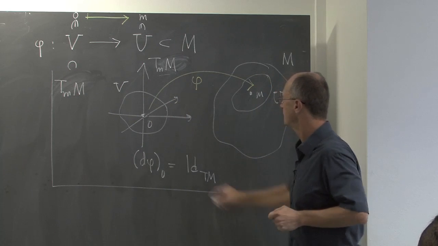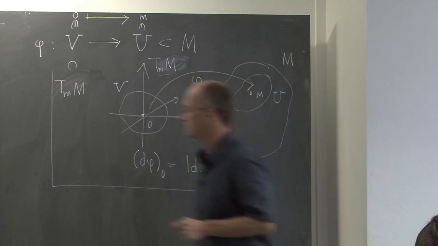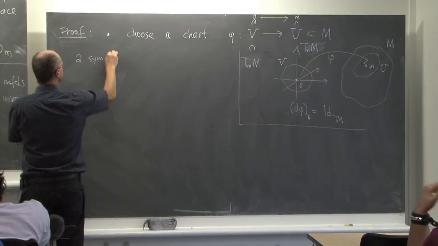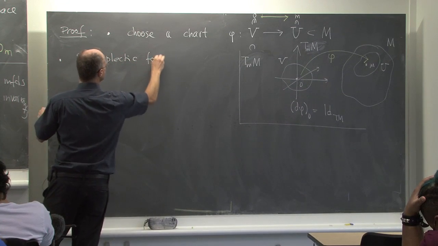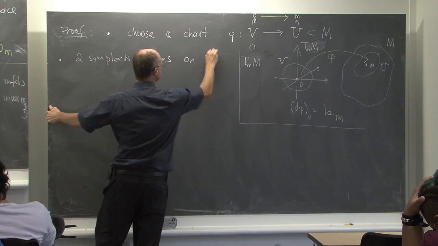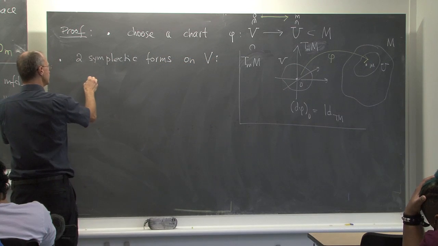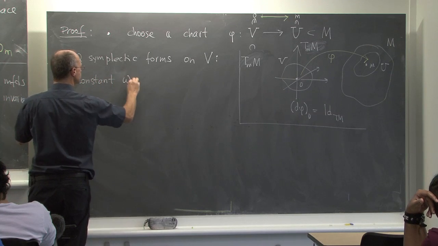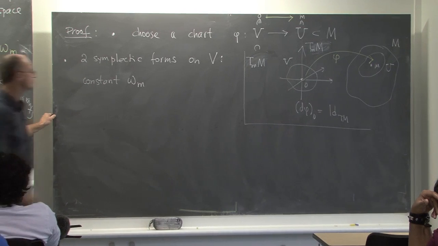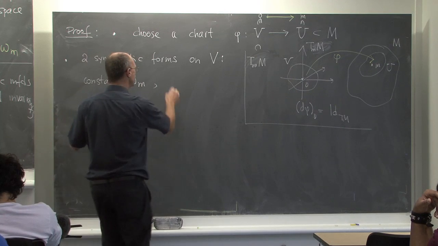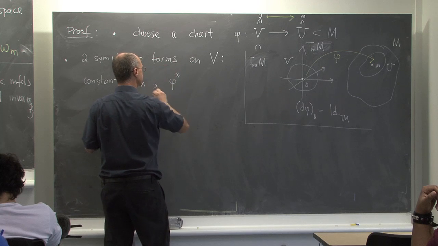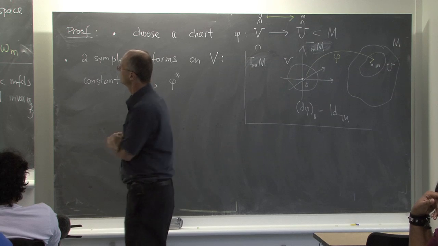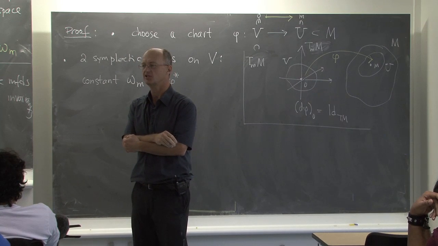So now, in fact, both these spaces are symplectic. So there are two symplectic forms on V. The first one is just the constant symplectic form omega_M. And the second one is the pullback. Do you mind if I slightly change notation?